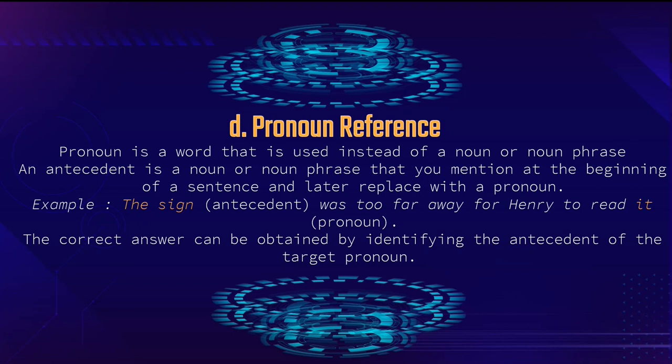For example, the sign was too far away for Henry to read it. Sign here is an antecedent and it is a pronoun. Pronoun reference questions ask test takers to identify the antecedent of the target pronoun in the reading passage. The correct answer can be obtained by identifying the antecedent of the target pronoun.